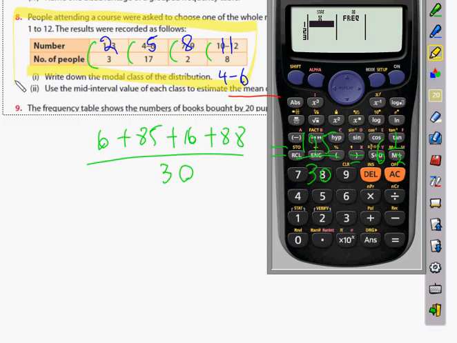So in this question, I have 2, 5, 8, and 11. Are you happy with that? Yeah. And then, how many people chose 2? 3. How many people chose 5? 17. 2 people chose 8. And 8 people chose 11.